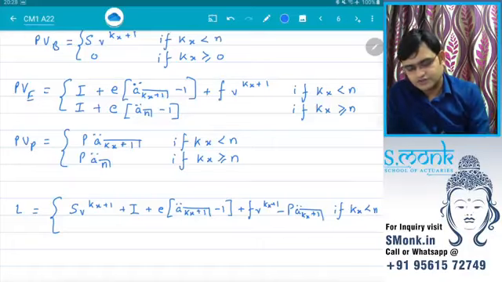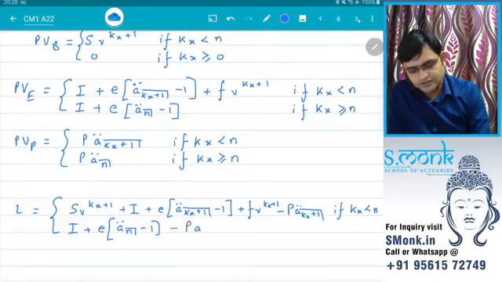Otherwise the benefit was 0, so I plus e a due n minus 1, plus nothing else, minus P a due n if kx is greater or equal to n.